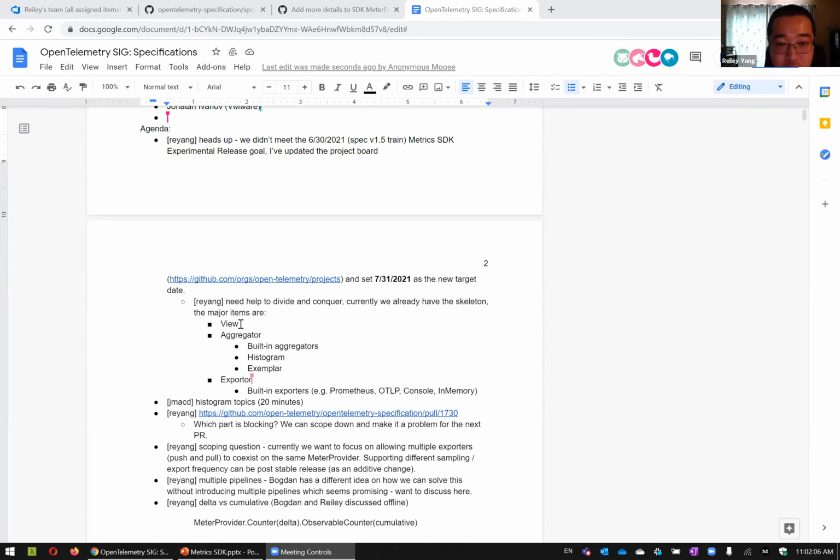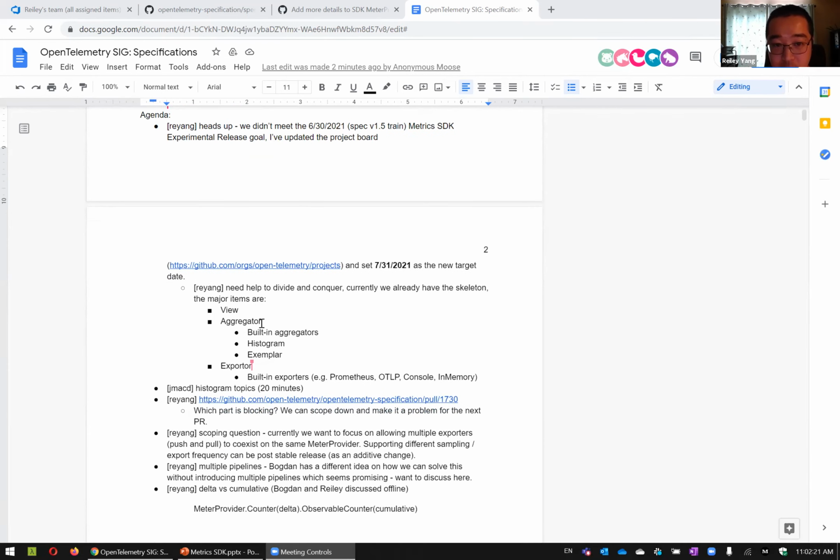So I tried to break down the big items here. I think the view part, given I already started and it has been stuck, I'm willing to work harder and see if we can drive to any conclusion here. I'll talk about the details later. And for aggregator, I probably don't have enough energy. I'll need some help.